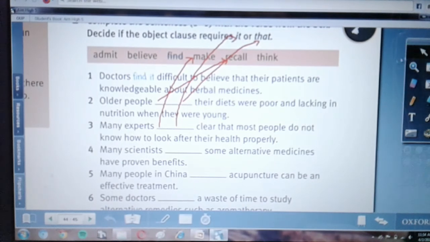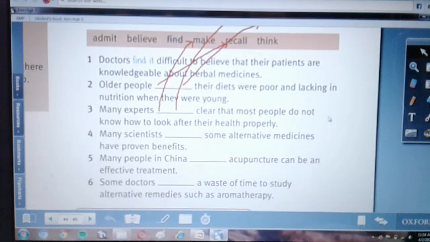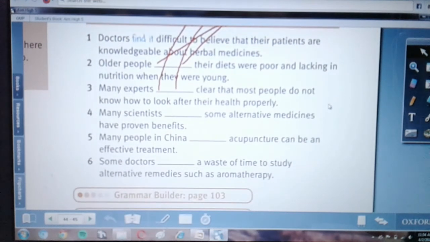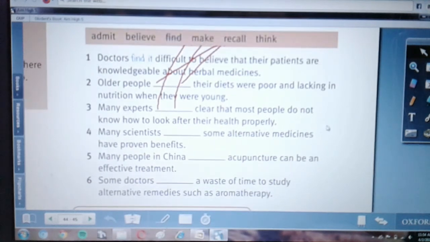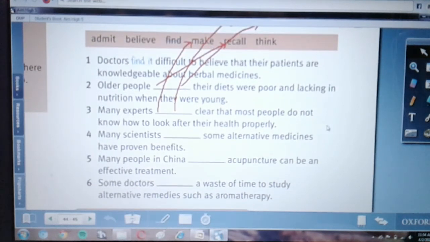Alright, now take a look at number 4. Many scientists, blank blank blank, some alternative medicines have proven benefits. So, what main verb shall we use for this sentence?